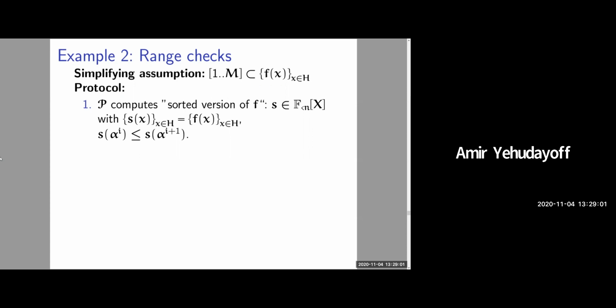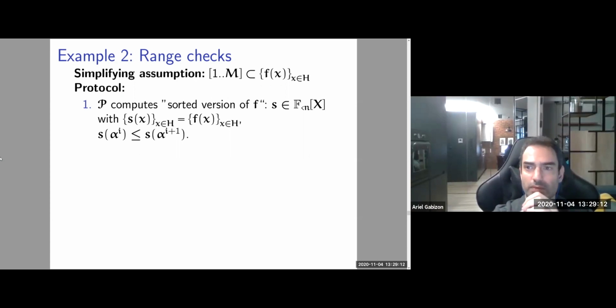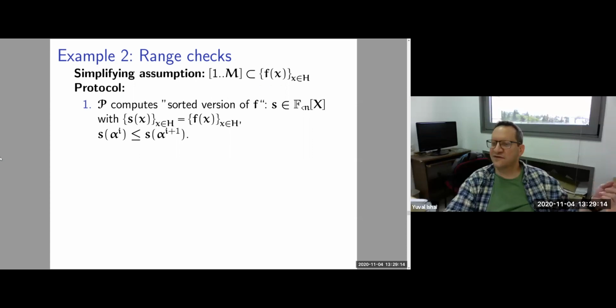But I cannot convince you of that for a random sparse subset of a field, that's a hard problem computationally. Whereas it's an easy problem to convince you that the binary representation of the field element, in the way that Ariel described, is from 1 to 2 to the 20. I just give you 20 bits and you verify.